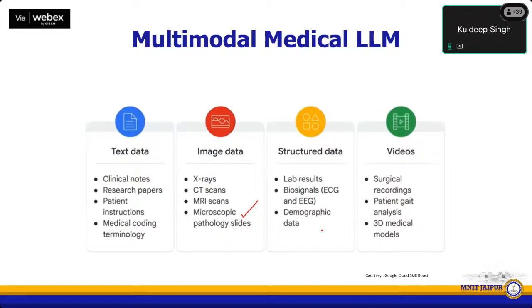Structured data like signals, ECG, EEG signals, or demographic data, or lab results. And videos, remember we talked about types of models like text to video, so they can handle videos as well: surgical recordings, gait analysis of patients, 3D medical models, or exercising videos, or other medical domain videos.